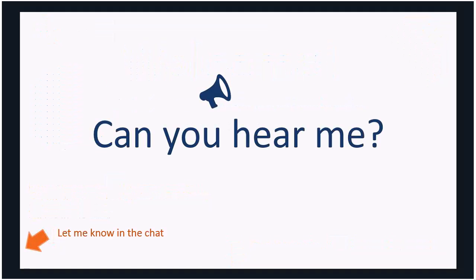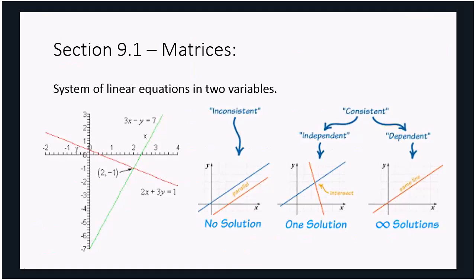And I did have a slide here that I wanted to show you. Where we're leaving off from last unit in 1046 is systems of linear equations in two variables. If you have two linear equations with two variables, x and y, each equation can be graphed as a line.